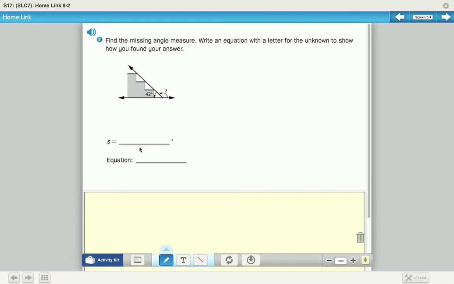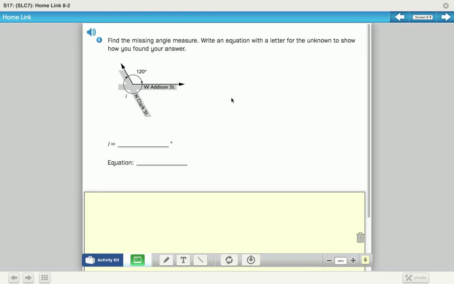So we would have 43 plus something equals 180, or 180 minus 43 is equal to angle S. Okay, and that would be 137 degrees.